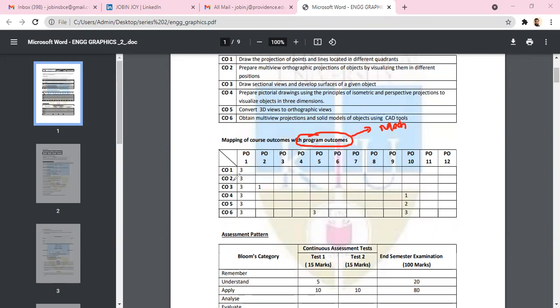Course outcomes means each course has outcomes. This course outcome is mapped with the program outcomes, and this table represents that mapping.